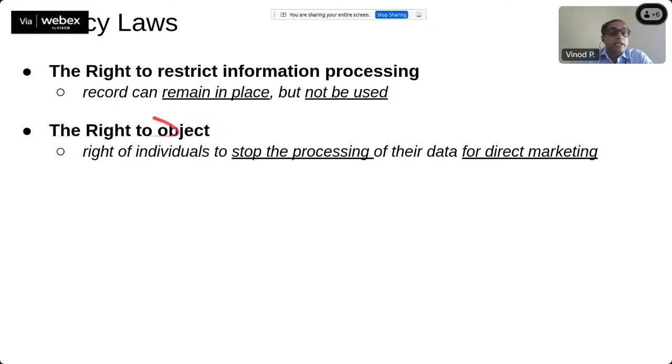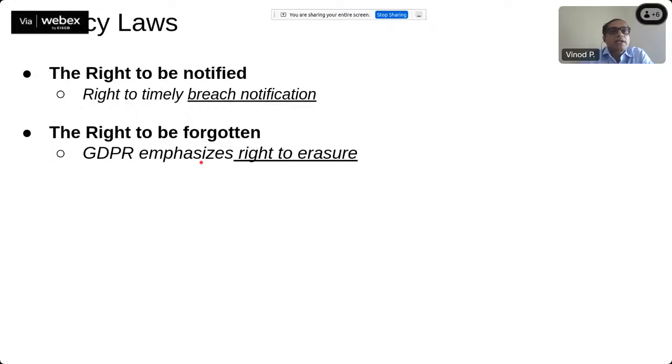And the last but one is called right to object, which means the right of the individual to stop processing for direct marketing. And something which I will be talking about today is the last one, called right to be forgotten.